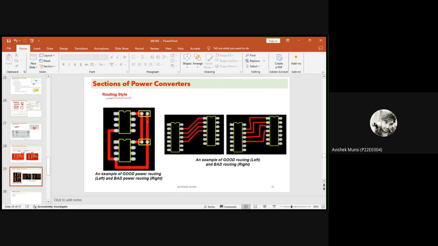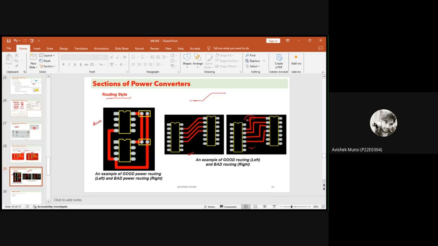Next is routing style. If you see, this is a good routing style, but this is a very bad routing style. Routing should be proper. It should not use 90 degrees.